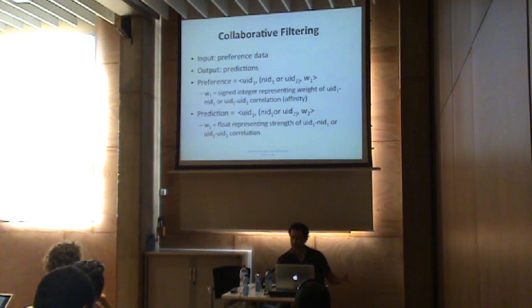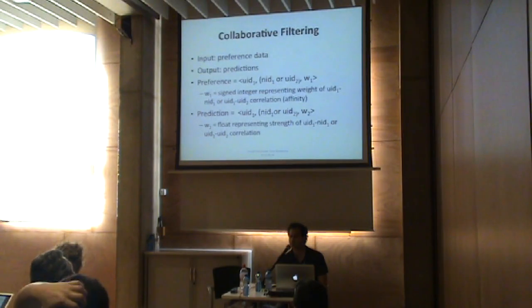And then what we want to do is put that into this black box, and we get back out predictions of which nodes and content, and which other users with similar browsing habits or activity, would be interested in. So just briefly, a preference is a tuple which contains the user, which is a UID in Drupal, and either a second user ID or a node ID. And then we associate with that couplet a weight, which is really up to the helper module to determine.